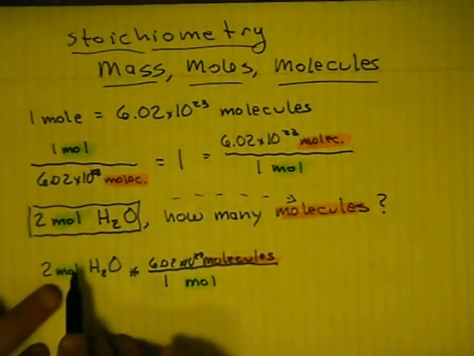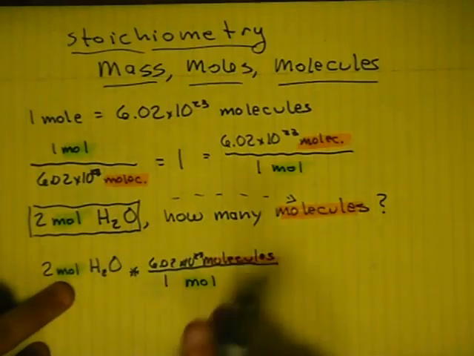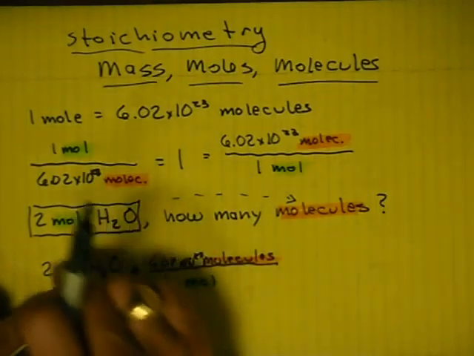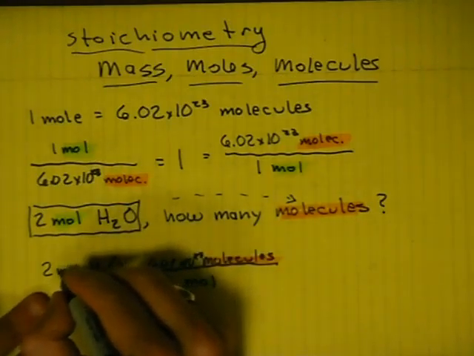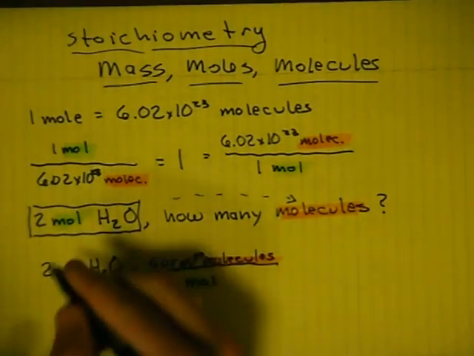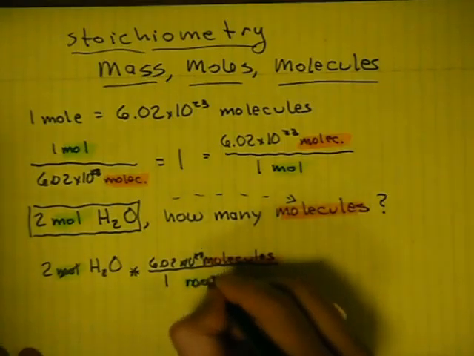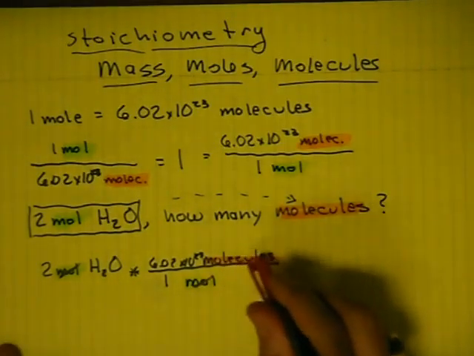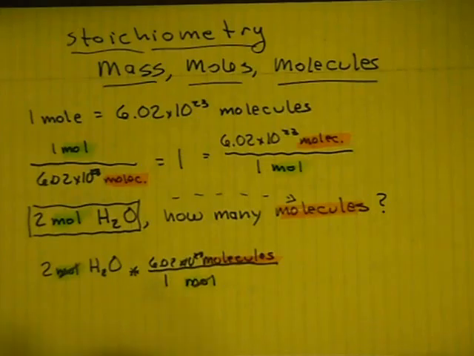So moles in the numerator, moles in the denominator, mole divided by mole will actually cancel out. So the only unit that we're left with is this unit of molecules.